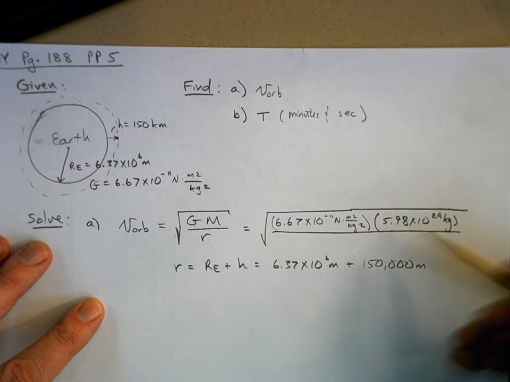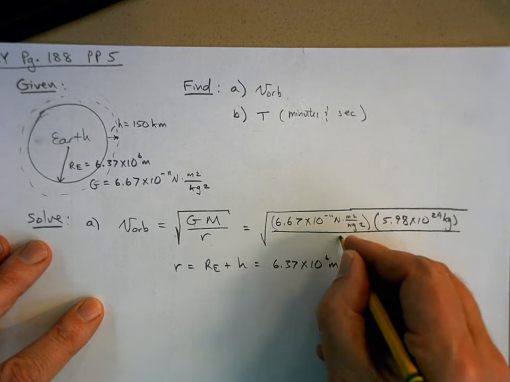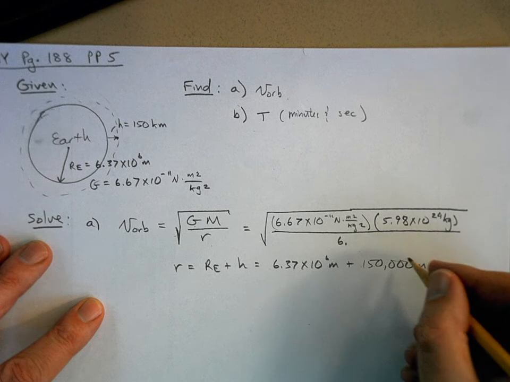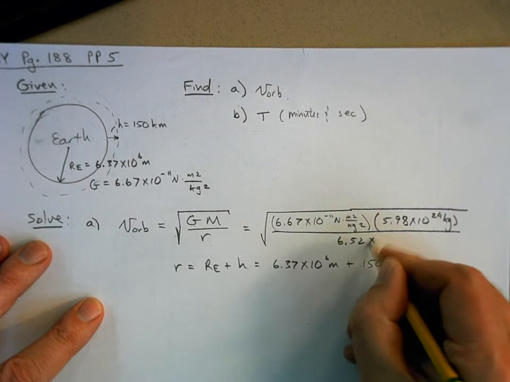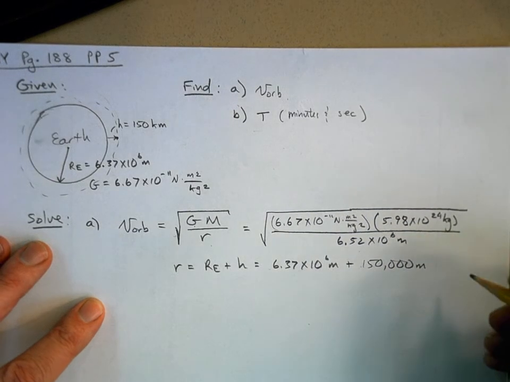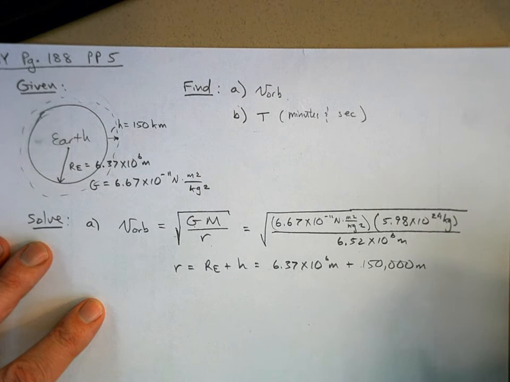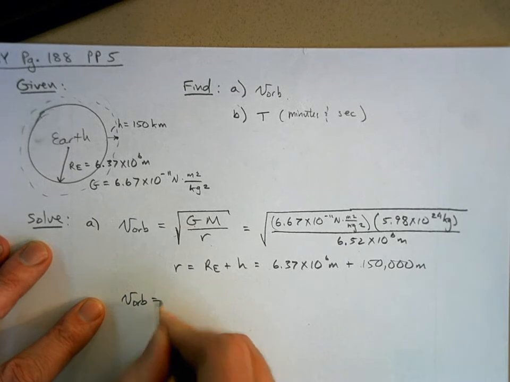If you do that, the 1.5 just adds to the 3.7, so this is going to be 6.52 times 10 to the 6 meters. You can plug that in your calculator and verify that. But did you all agree with that? Okay, good. Now let's see what we get when we plug that into the calculator.